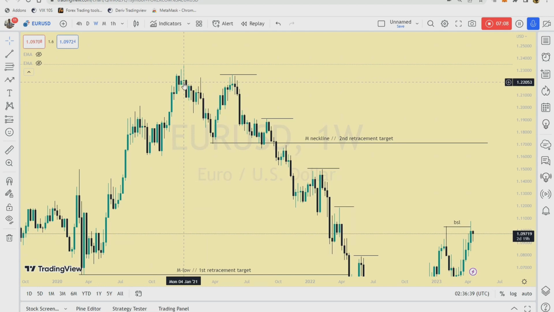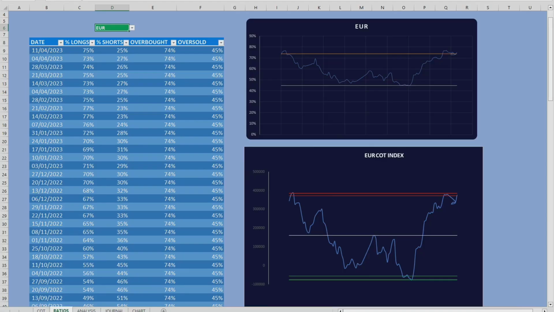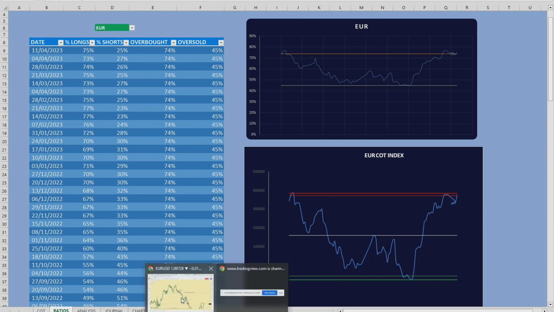This was 4th January 2021. So you can see that the market peaked 2 weeks before the others peaked. And when you also come to this area here, this was 4th September 2022.